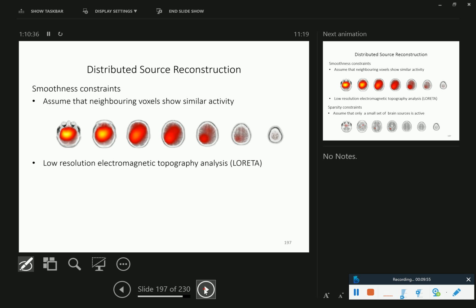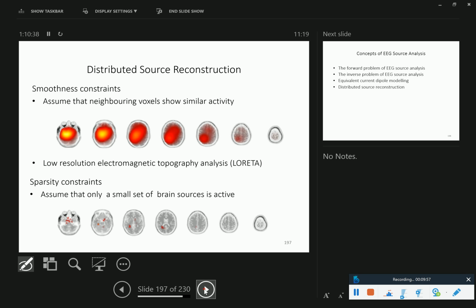The next two slides show a little bit of an example of what you then get. If you put in smoothness constraints that assume that neighboring voxels show similar activity, your solutions, so your activity, will look fairly smooth.